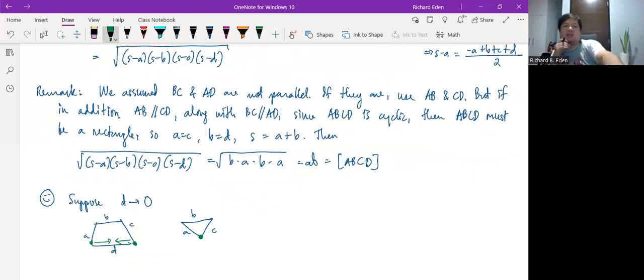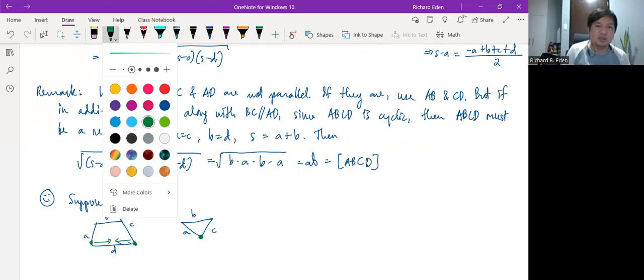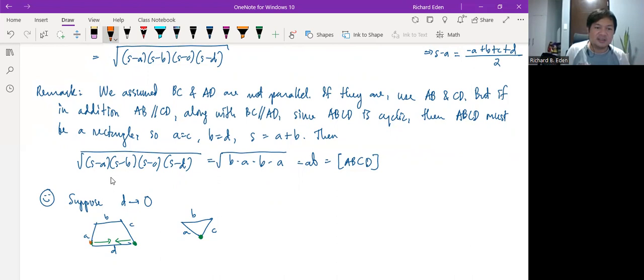Kasi parang nangyari dito sa original drawing, pwede mong paglapitin ang two green points in the absence of D. And then if paglalapitin mo, wait, let me color this as an orange point. Okay? Kung tatanggalin mo nung D, pwede mong paglapitin nung orange and green points.